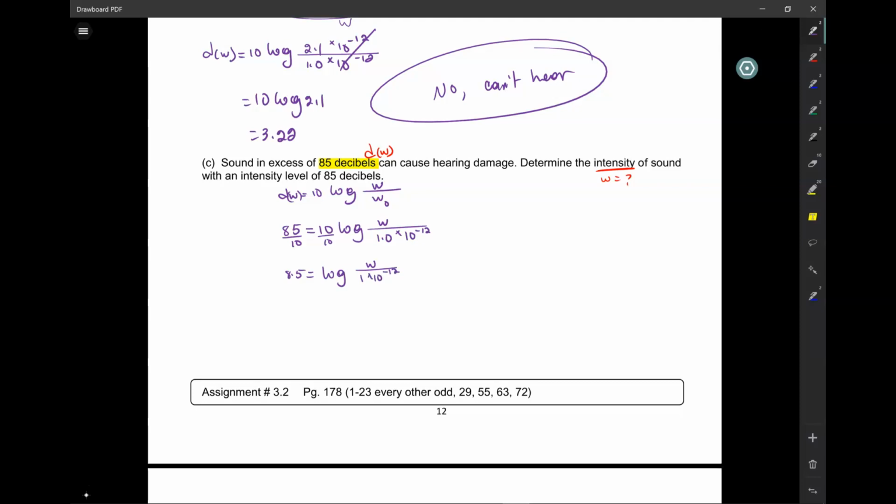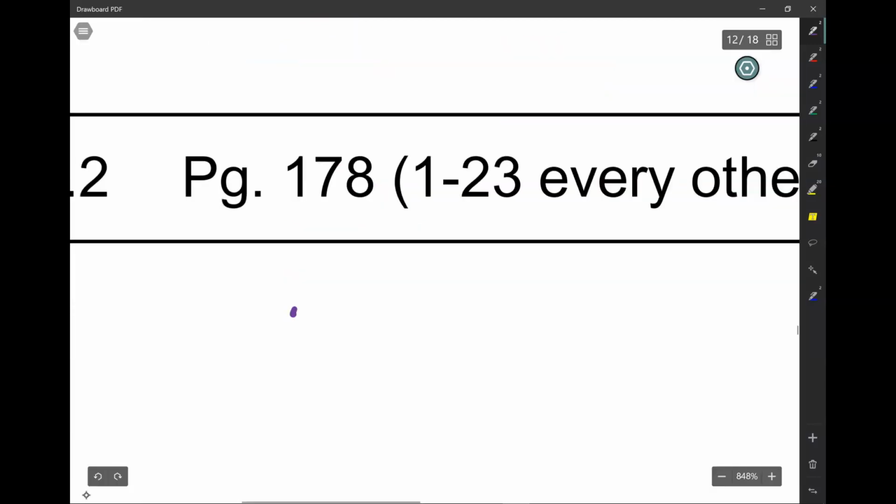If this is a logarithm, what's the base? 10. So to solve this now, every base has an exponent. What's the exponent? 8.5, right? It's the answer to the logarithm.